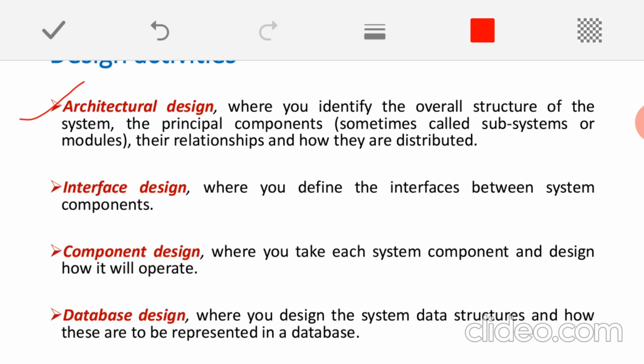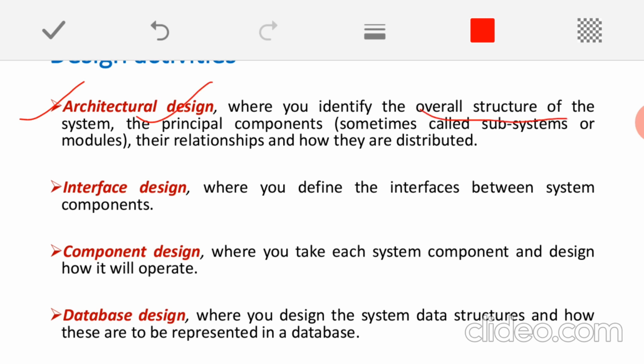When I combine more than one module, I may get one subsystem. When I combine more than one subsystem, I will get a system. But how will I come to know what all the different parts of my system are? That is possible only when I define an architectural design.